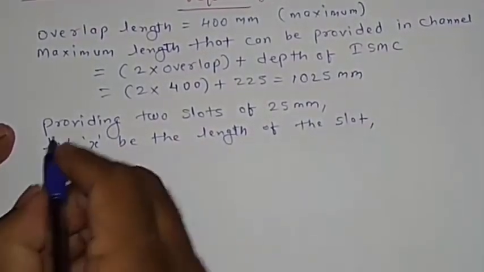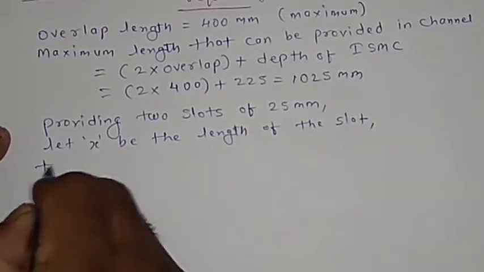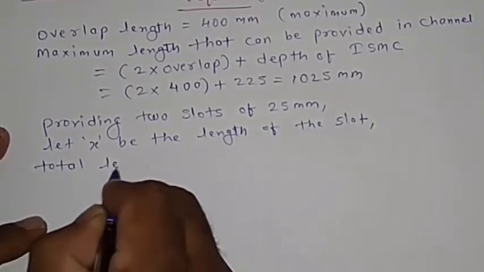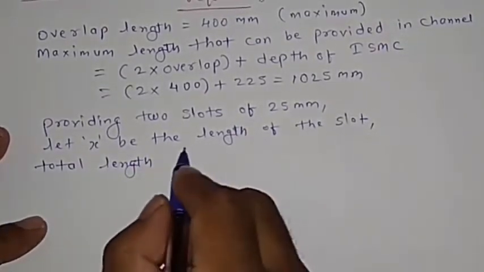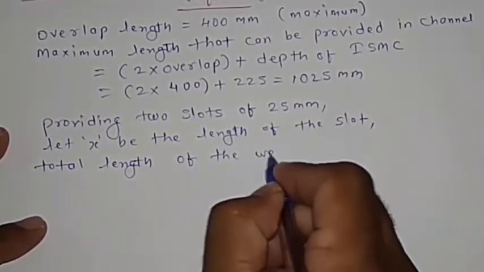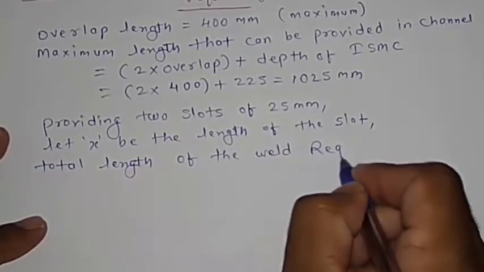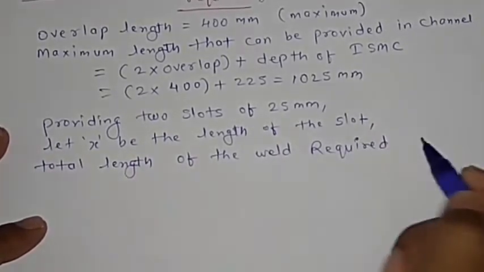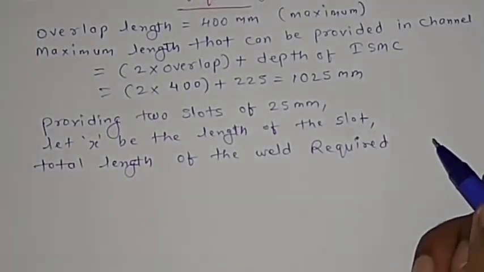And therefore we can write down total length of the weld required, and we'll calculate x here.